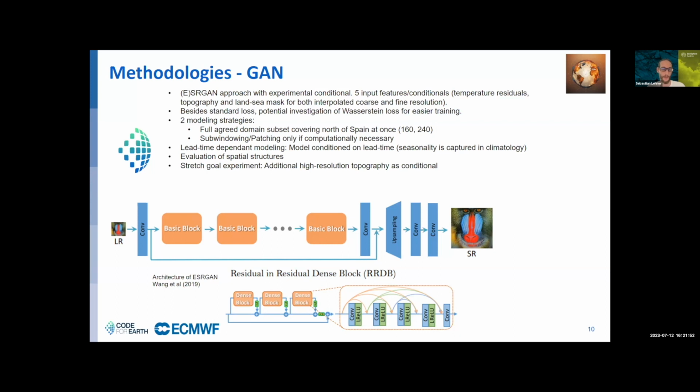But the special thing about how conditional GANs are structured is that you can also supply conditional images into the model, which is input separately than the normal input features. And this allows certain characteristics to be better captured. And what we want to experiment with is also that we don't use the high resolution topography just as an input feature, but to use it as a conditional.